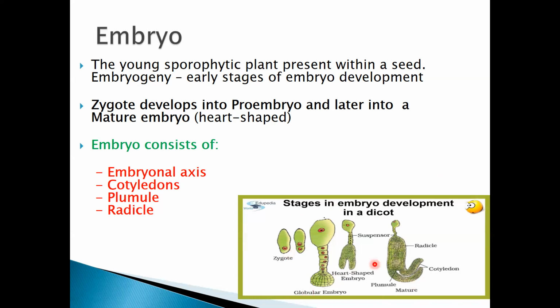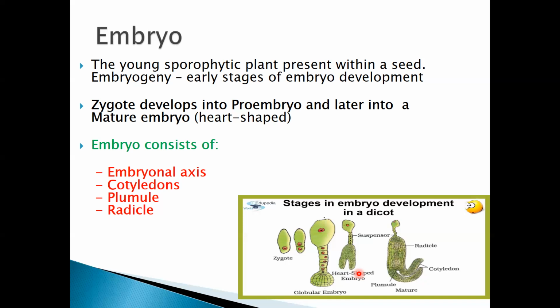Once you remember the picture in your head, everyone can write it. You only need to remember the names, and then you can easily write it down point-wise. So this is about the stages in embryo development.